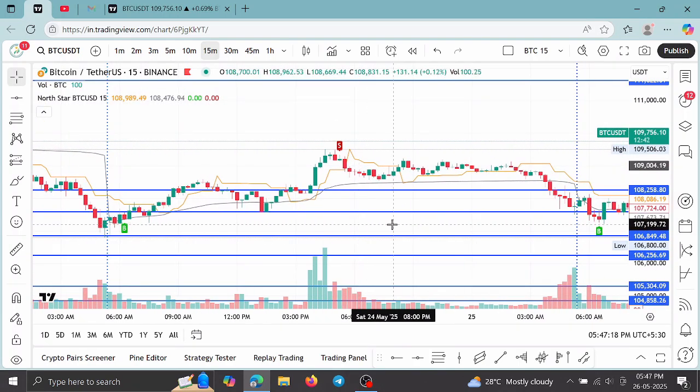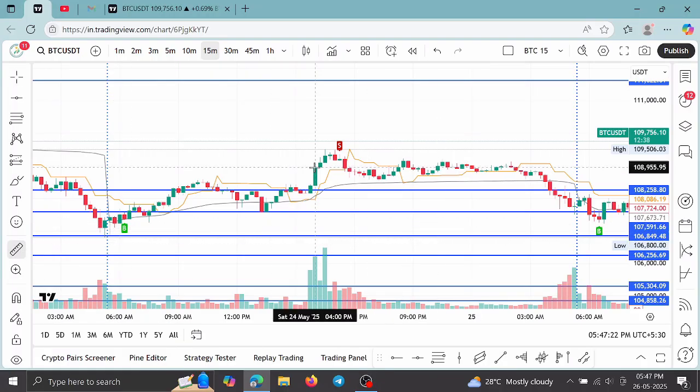Now you got another signal. All are non-repainting indicators. This is a non-repainting indicator. It's absolutely confirmed on the completion of the 15 minute candle. Now you take a sell.